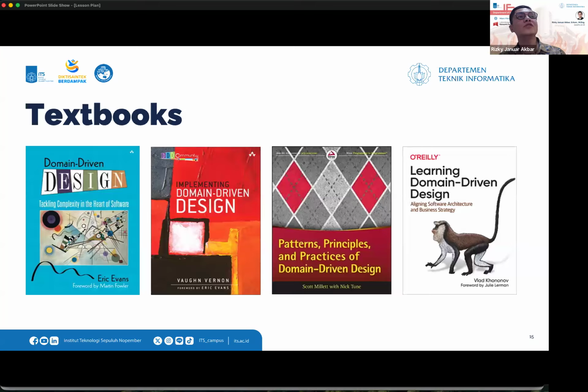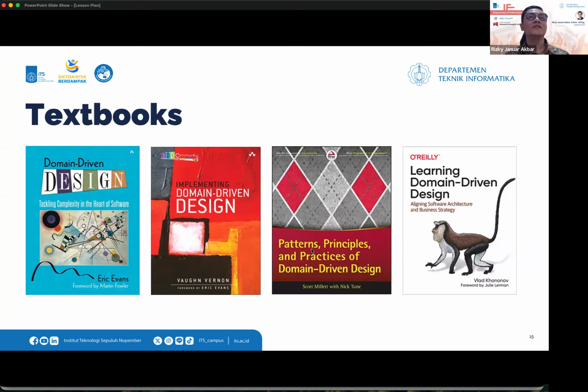DDD was introduced by Eric Evans in his famous Blue Book here. We call it the Blue Book. And then Vaughn Vernon tried to augment it, making it clearer with Implementing Domain-Driven Design. This is clearer than this one.